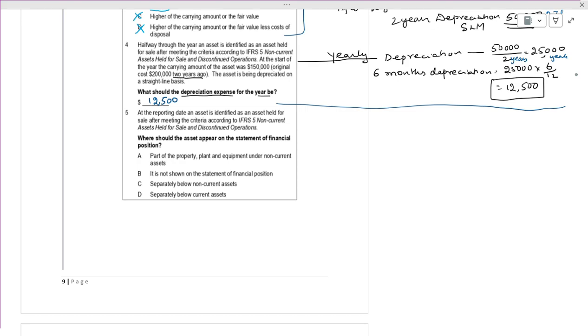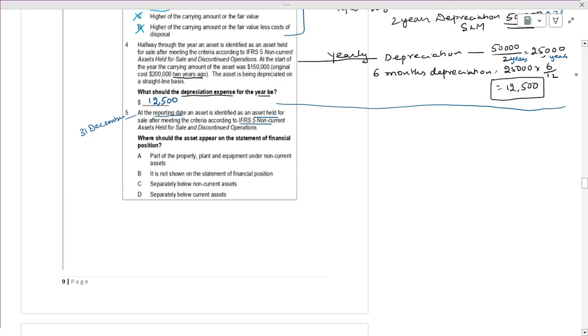Hussein, at the reporting date, an asset is identified as an asset held for sale after meeting the criteria of IFRS 5. The reporting date will always be 31st December when you are preparing financial statements. That definition will never change.